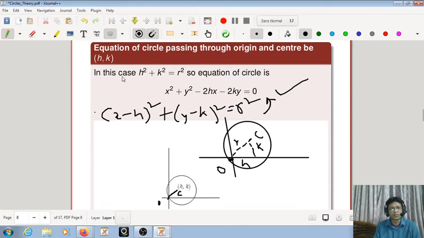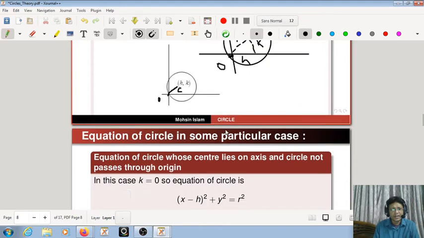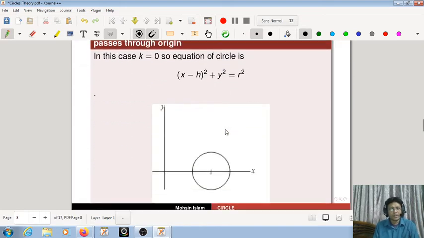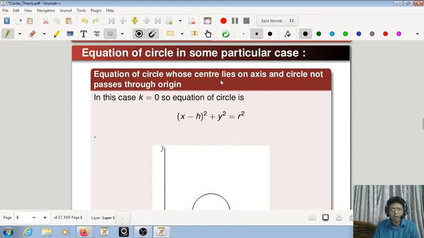Okay, so this is the case when the circle passes through the origin and the center is (h, k) or (alpha, beta) maybe. Okay, next case. What is the equation of a circle whose center lies on the x-axis?